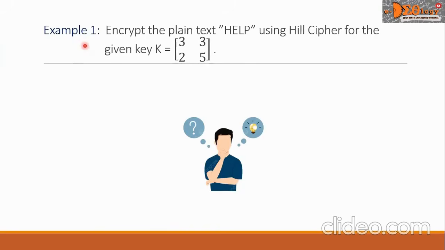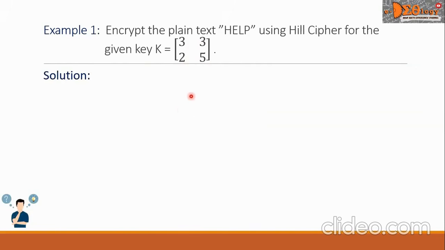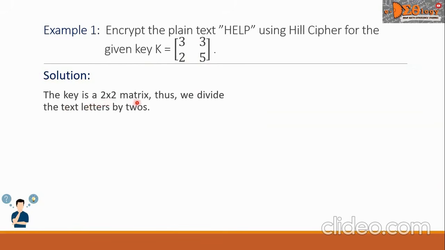Let's see example 1. Encrypt the plain text HELP using Hill cipher for the given key capital K equals this 2 by 2 matrix 3, 3, 2, 5 elements respectively. So the key here is a 2 by 2 matrix.